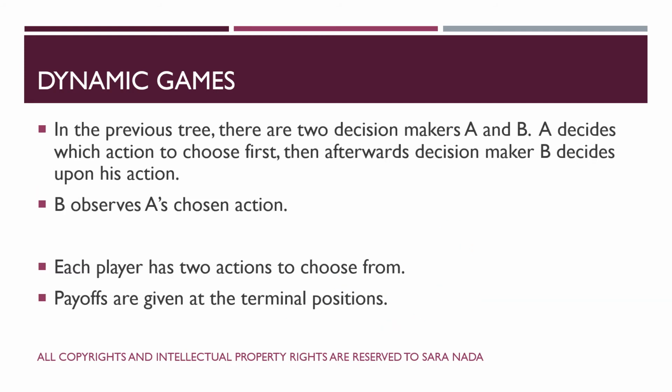So in the previous tree that we drew, there are two decision makers, A and B. Remember, A decides which action to choose first, then afterwards decision maker B decides upon his action. Why is that? Because we assume this: player B observes A's chosen action before he decides upon his action.